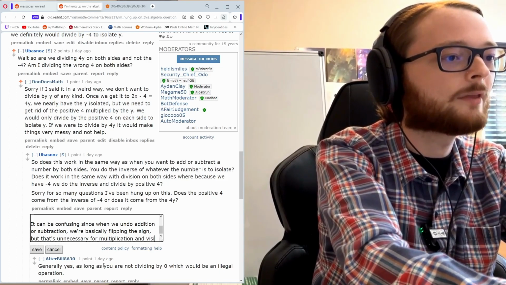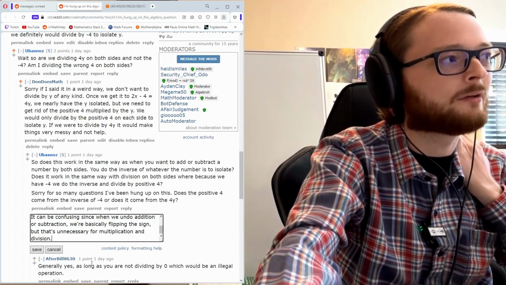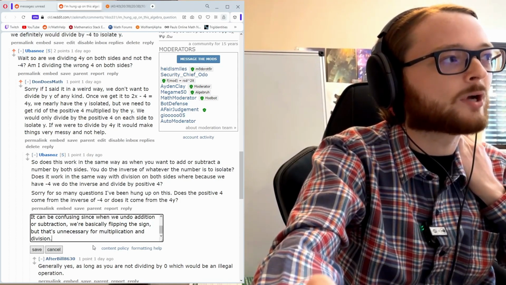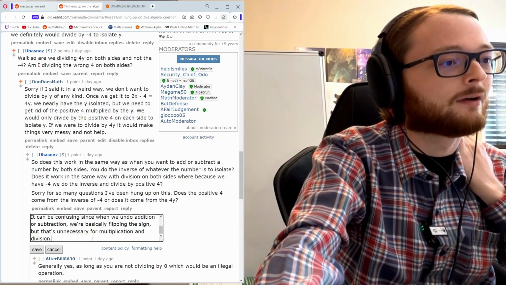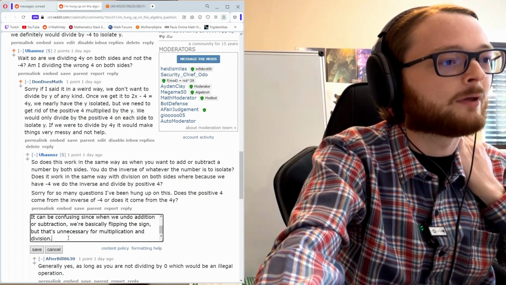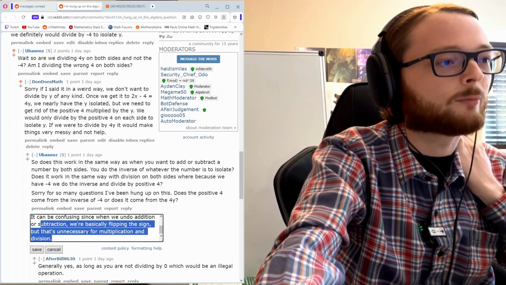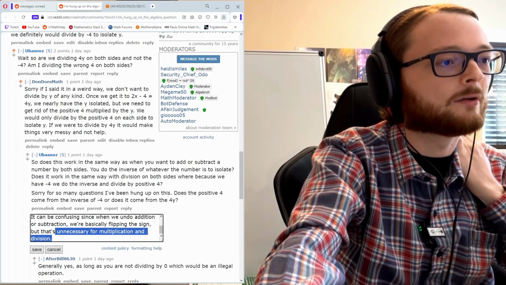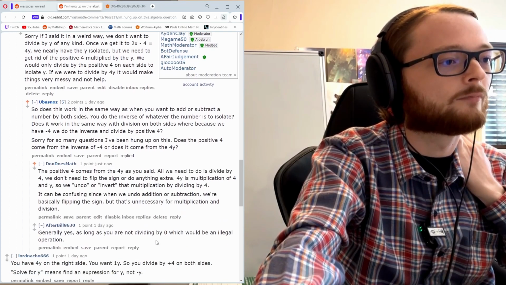Multiplication and division, I think that's their real issue. I think they're interpreting adding and subtracting both sides as flipping the sign of whatever's there, and I think they're doing that same sign flipping for multiplication and division. So I'm just trying to explain it to them in the terms that they currently understand. I think this is the best way to say it. I hope.